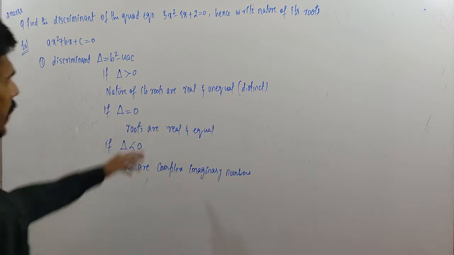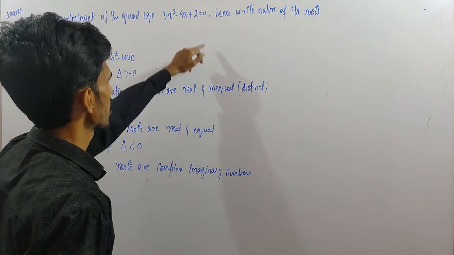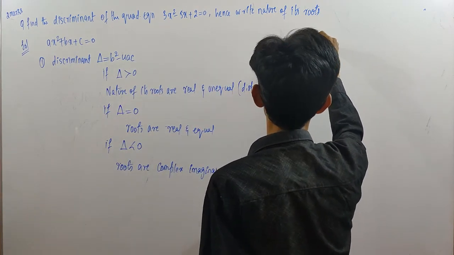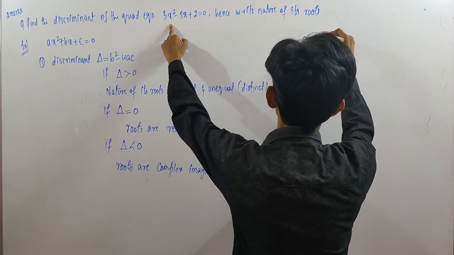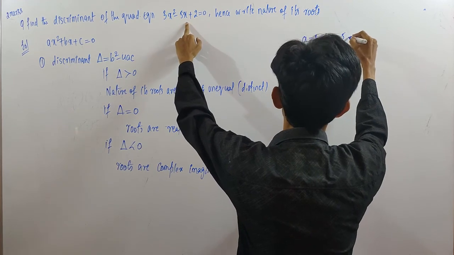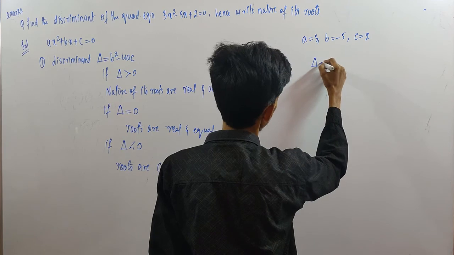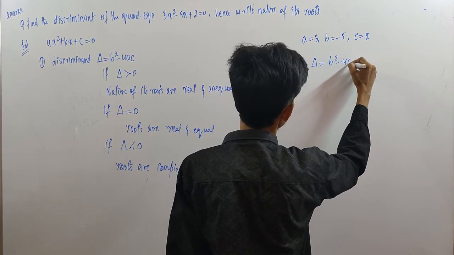Here we have been given 3x square minus 5x plus 2. So the value of a is 3, b value is minus 5 and c value is 2. Let us calculate discriminant delta. Delta value is b square minus 4ac.